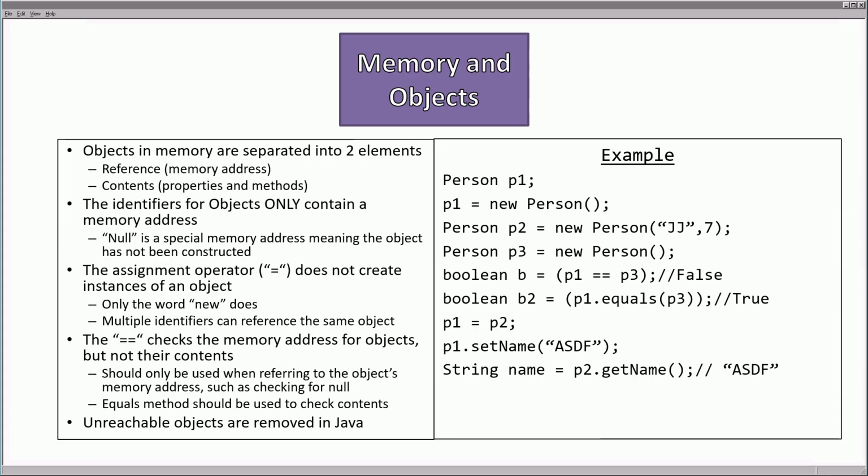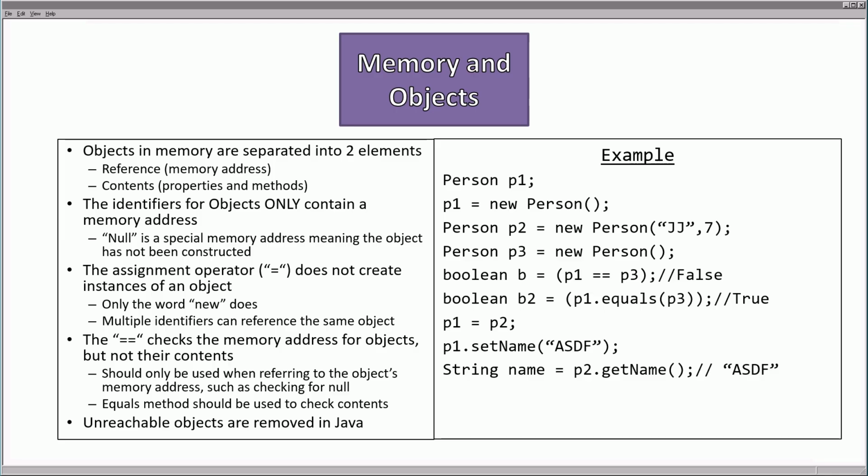Going into a little more detail, when we refer to memory and objects, we have to remember that an object type is separated into two elements, a reference and the contents. The identifiers for objects only contain a memory address, the reference.